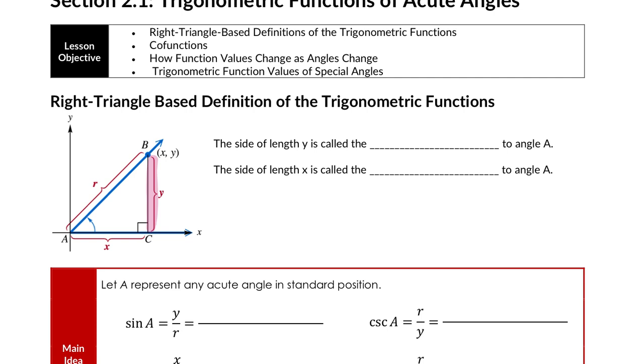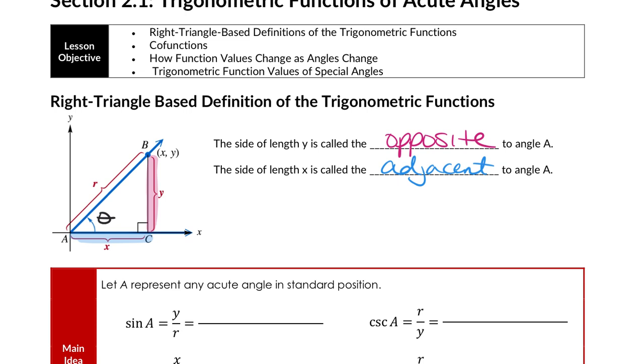Let me try that again. Opposite. And the value of x, the horizontal displacement, is the side that is adjacent to the angle A.